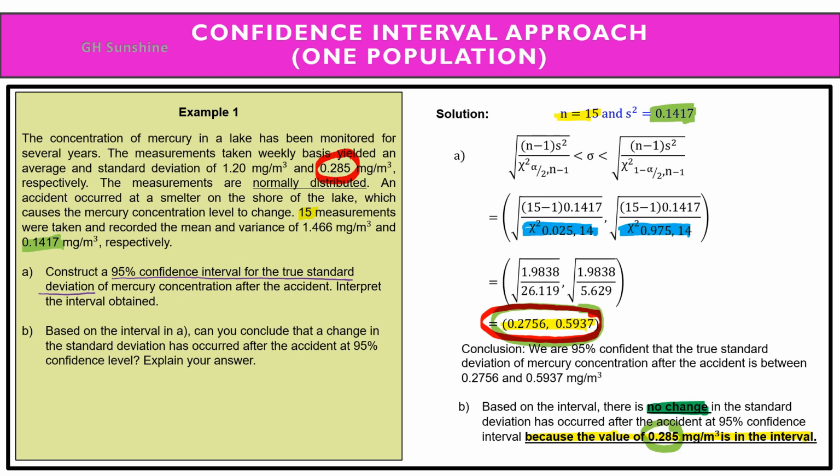That's why there is no change in the standard deviation after the accident. So this is how you conclude based on the confidence interval approach of one population.